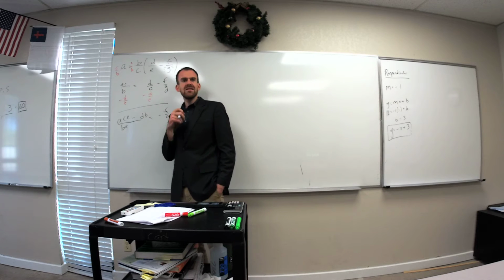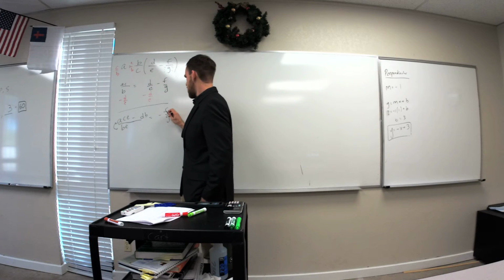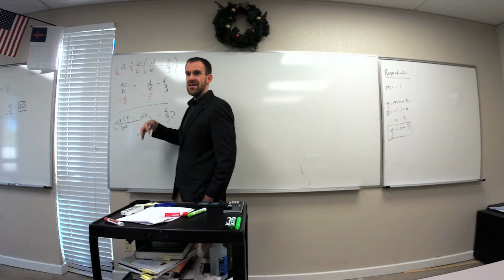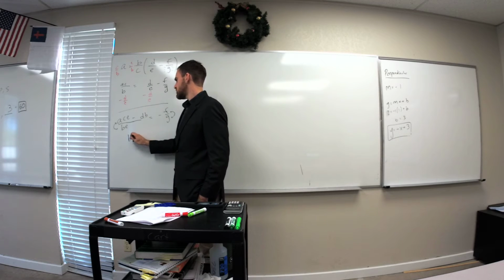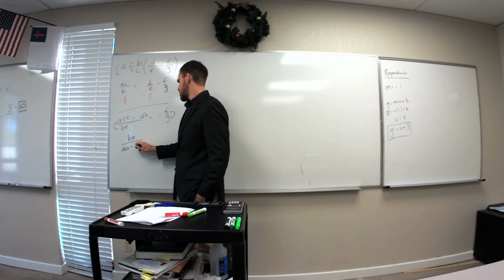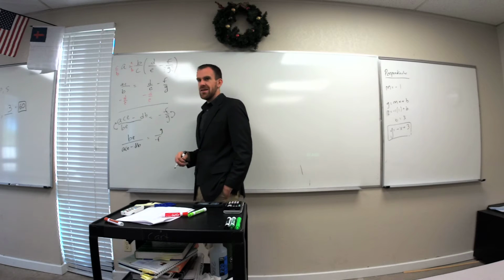Now is the only time when I can flip both sides. You have one fraction bar on one side, one fraction bar on the other side, then you're allowed to flip. Okay, how do I get rid of the negative F?